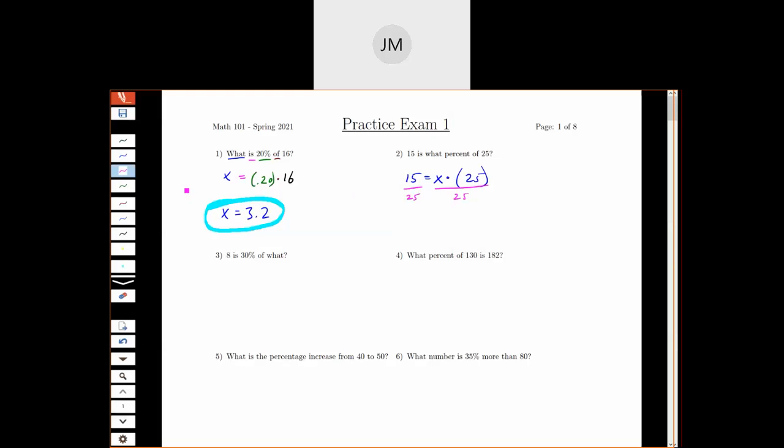So 15 divided by 25 gives me 0.6. It says what percent, so I want to write my answer as a percentage. So 0.6 turns into 60%.